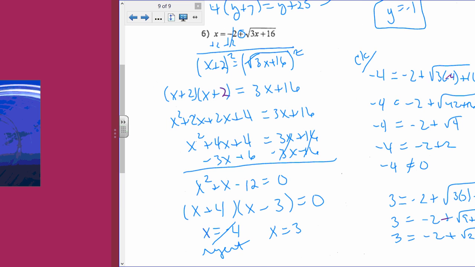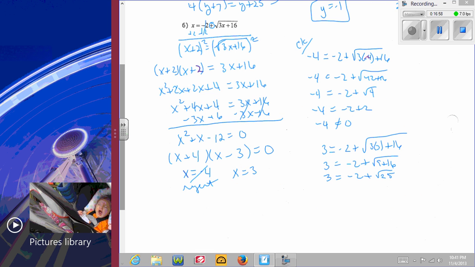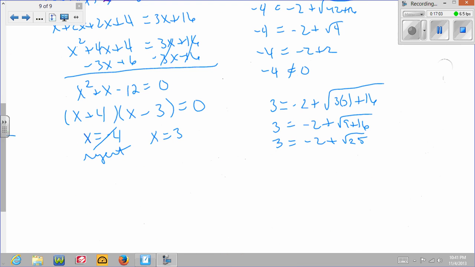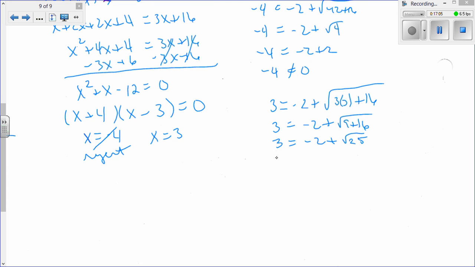The square root of 25 is 5, so we have 3 equals negative 2 plus 5. 3 equals 3, so that one works. And the reason we have to do these checks is because when we're squaring both sides, we change the value of the equation. Therefore, we have to check for extraneous roots.